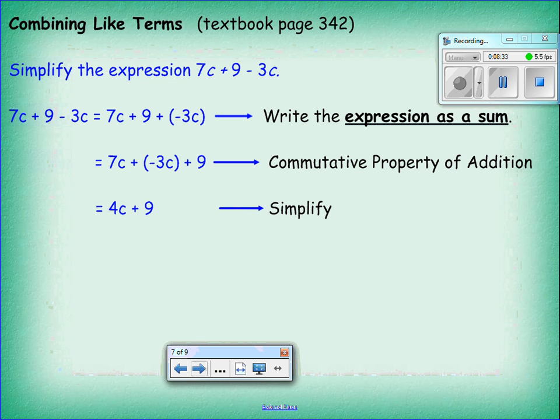With the commutative property of addition, I can move the terms around. Since I changed it to addition, I can commute the terms. So now I can combine 7c plus negative 3c. If I have 7 c's and I take 3 c's away, I have 4 c's left. Then all I have left is my constant term of 9.